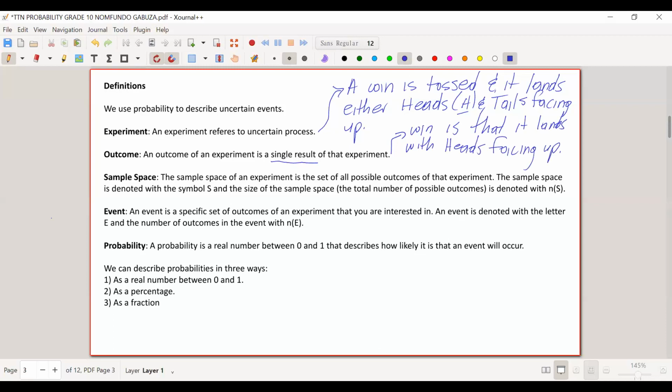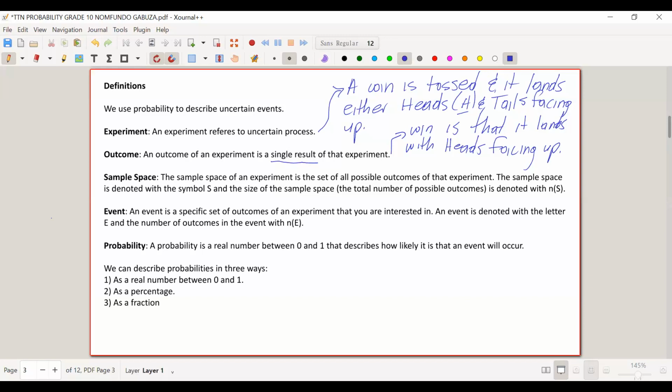Right. So an example of an experiment is a coin toss, and it could either land heads or tails facing up. So an outcome is a single result of this experiment. So the result would be the coin lands heads facing up.